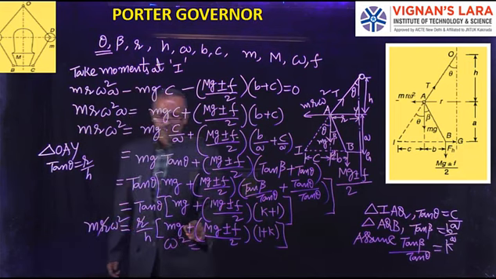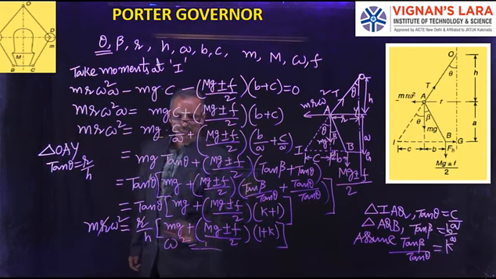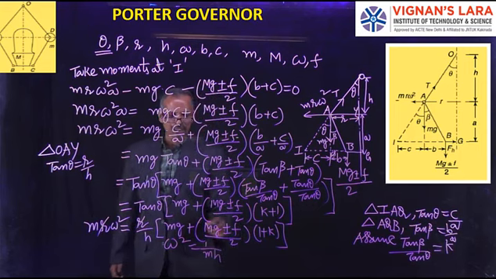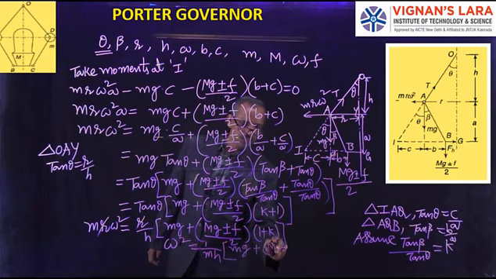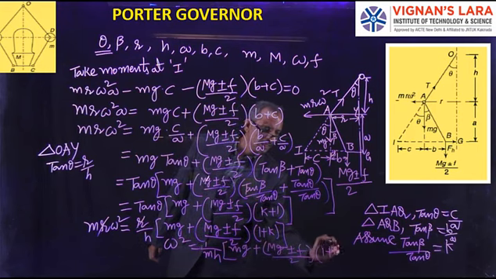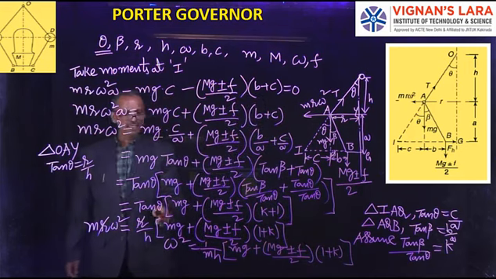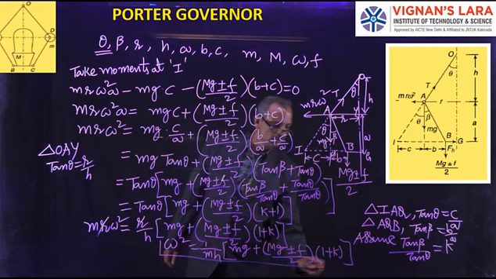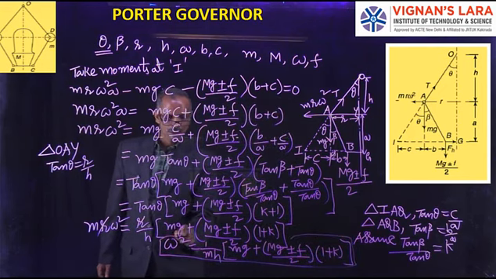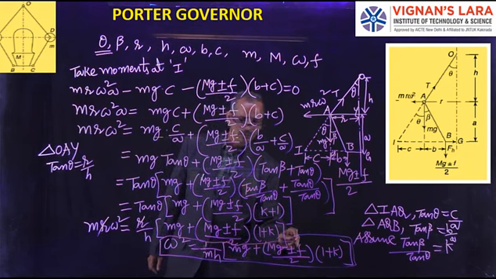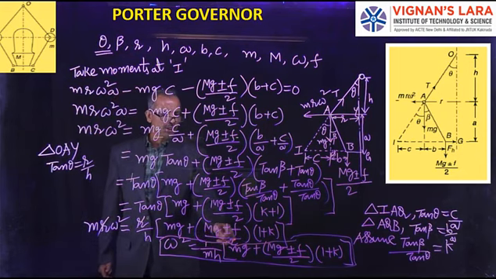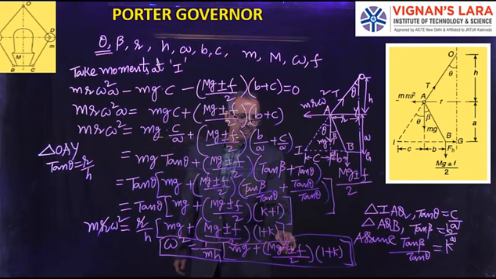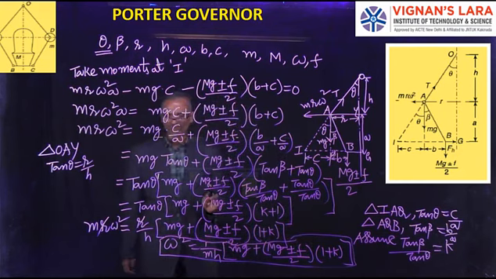Then you can write ω² is equal to 1 by mh into (mg ± F/2) into (1 + K). So this is the governing equation. Let us see what it is: ω² is equal to 1 by mh into (mg ± F/2) into (1 + K).